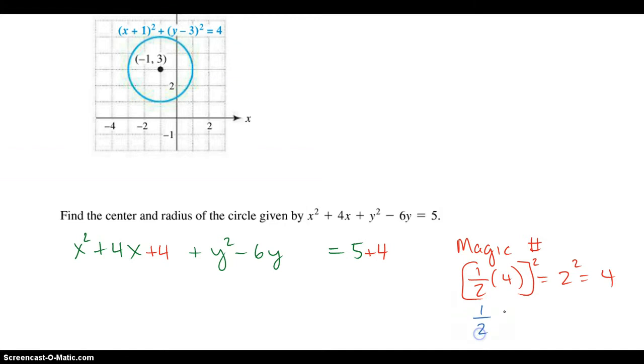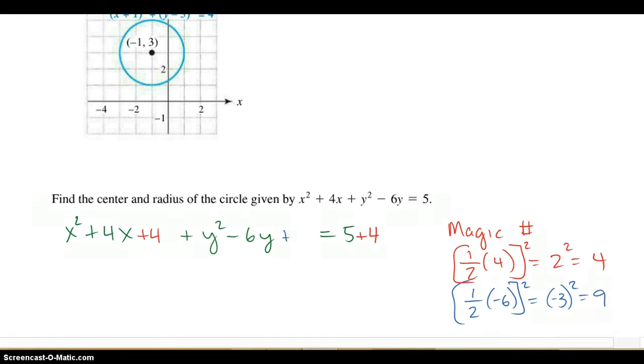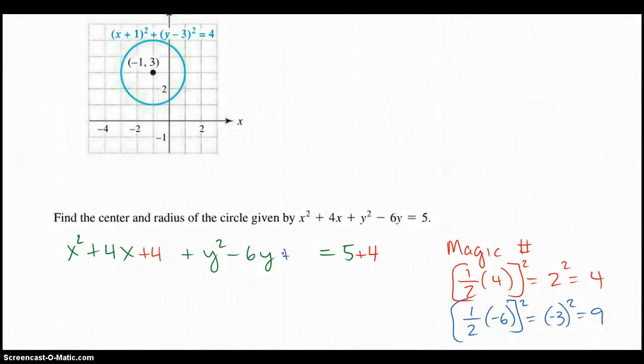If we took 1/2 of the -6 and squared it, it would give me -3 squared, which is 9. I also could add a 9 to both sides. Let me draw a line there so we don't get messed up.